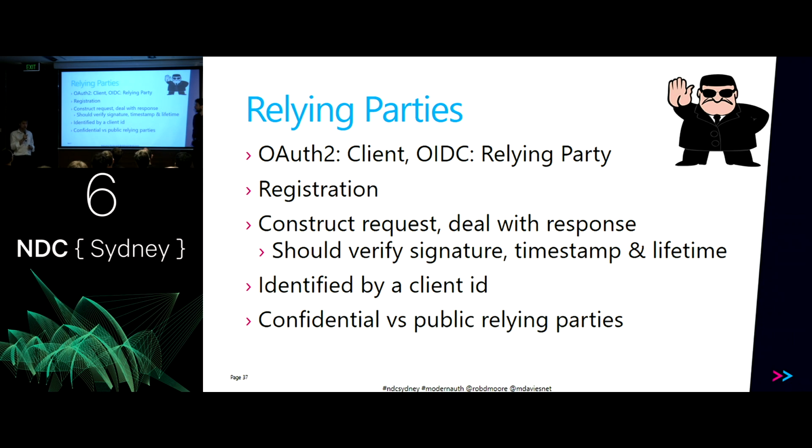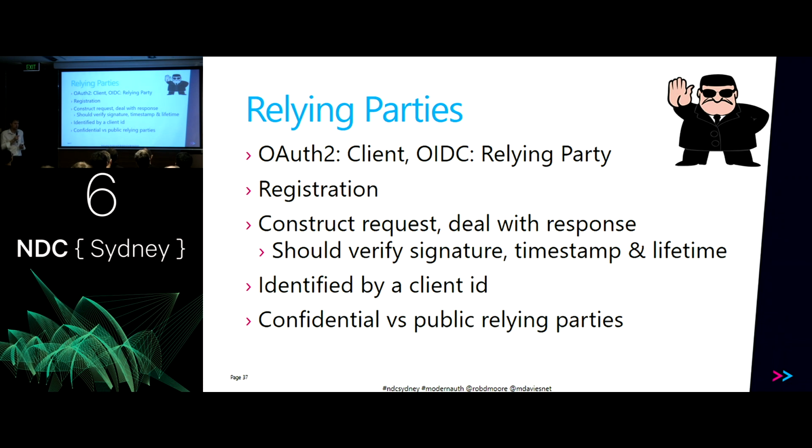Starting with relying parties. Now, as Matt mentioned before, one of the things about OpenID Connect that just confuses me is that it's literally an extension of OAuth 2, but it uses a different word for the relying party in the spec. It's just really weird. But one of the important things to think about with relying parties is registration. And this is important from two perspectives. The relying party itself needs to have some information about the identity provider that it's talking to.